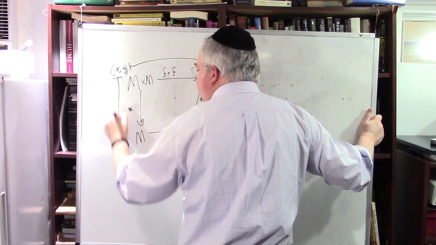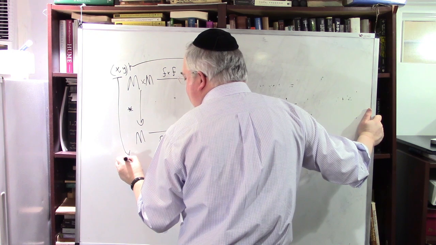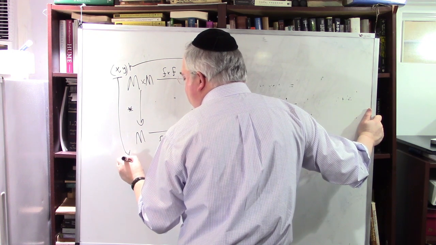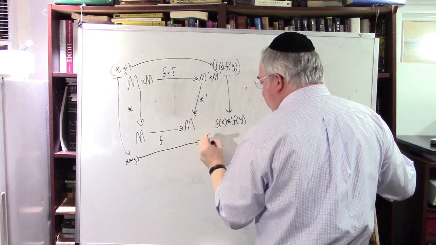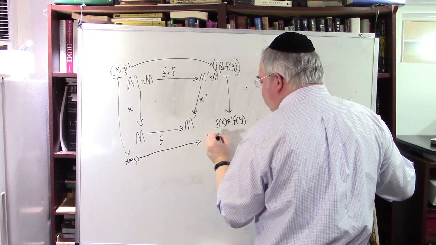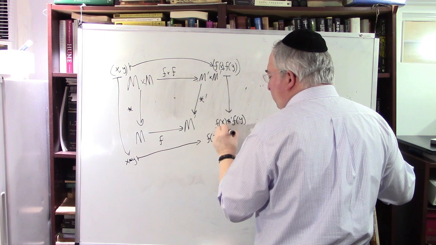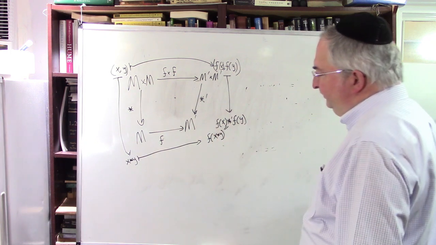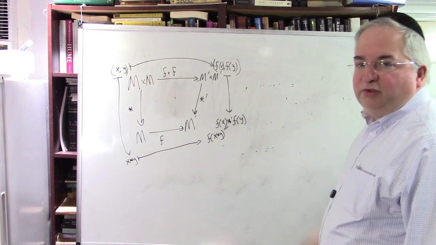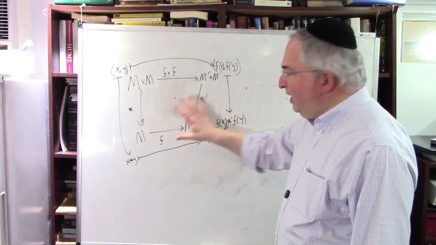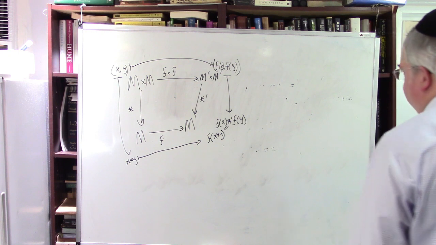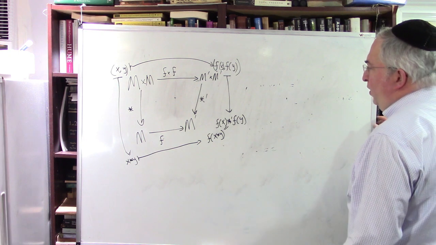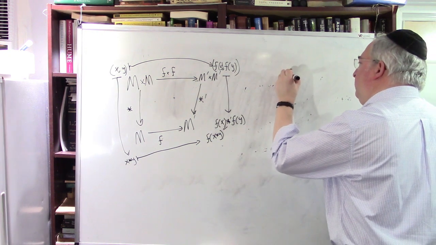And this is going to go here, and this is going to be x times y, and we're going to apply f to it, f of x times y. We insist that those two are equal. So that's exactly what I drew before, but here we have a nice diagram. We're going to see this diagram over and over in many different places. Let's just do one more.